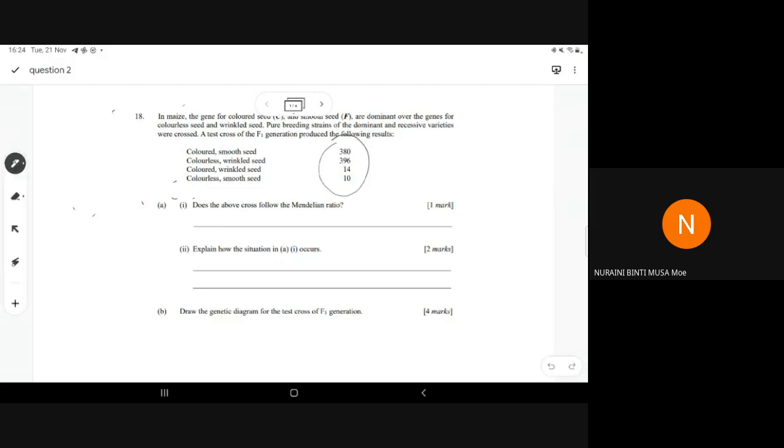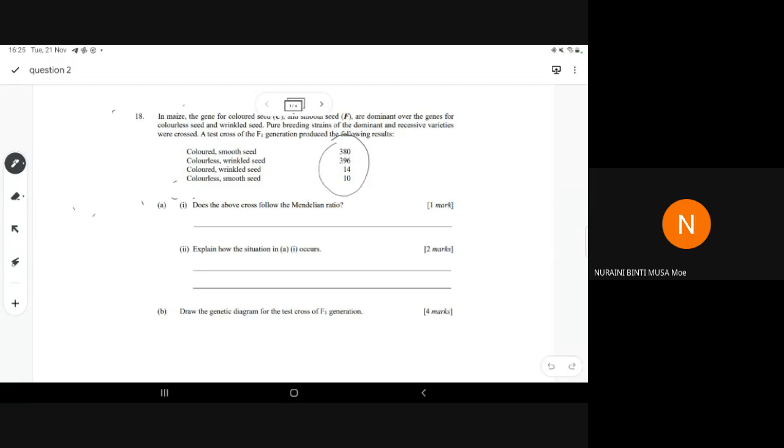So soalan dia akan tanya, first kali, this is the number one hint and clue whether the question is asking about linked gene ataupun normal dihybrid. The answer is the ratio. Kalau dia follow Mendelian ratio test cross 1111, that is a normal dihybrid.